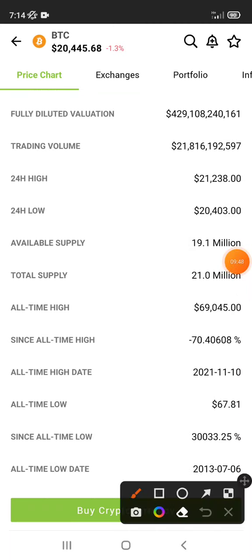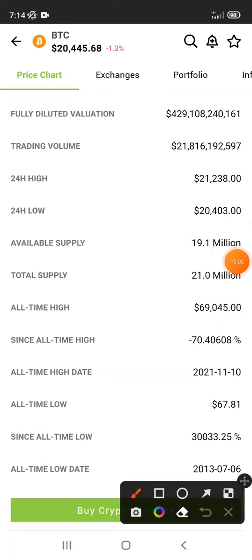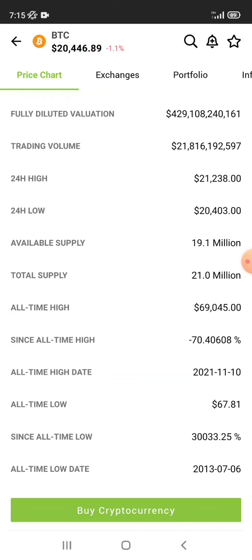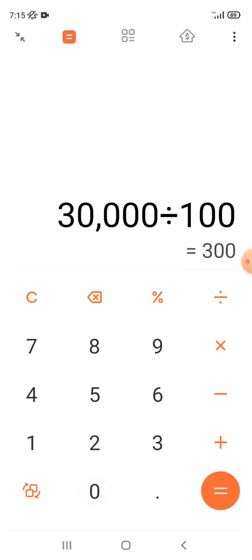That's the all-time low, which means the lowest price Bitcoin has attained since it came out, which is $67. And since the all-time low, Bitcoin has made an increase of 30,000% to this $20,000, which is the current price now. So we can also calculate this. 30,000% means, okay, let's do it. 30,000 divided by 100 is 300.